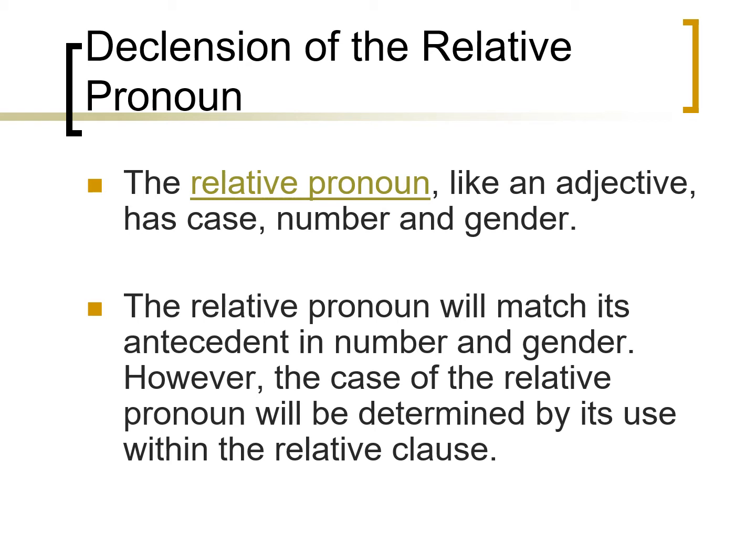However, let's pause here for a second and read this second bullet. The relative pronoun will match the antecedent, and the antecedent is the noun that it replaces because it's a pronoun. It's only going to match that in quantity and gender. So the antecedent and the relative pronoun, which replaced that antecedent, have to be the same number or quantity and gender.